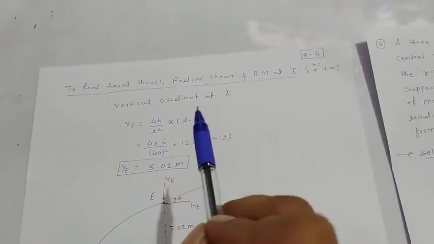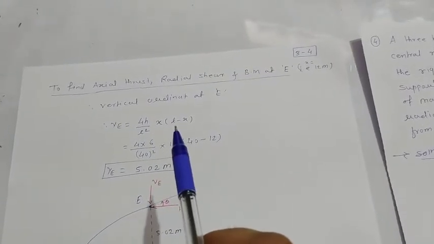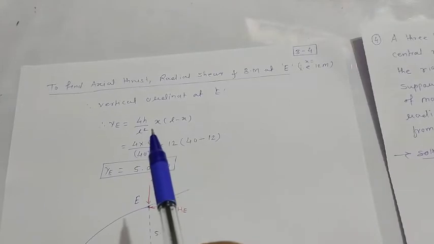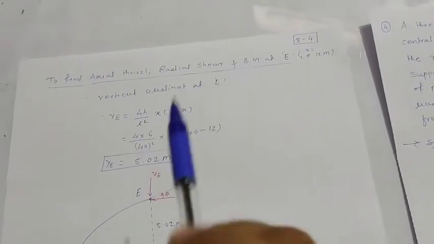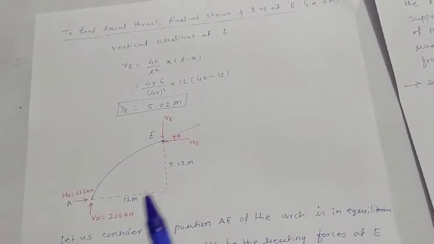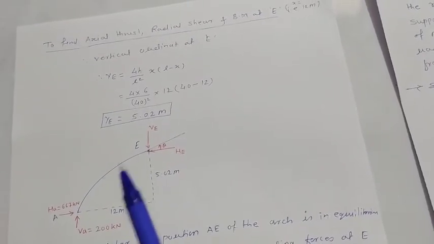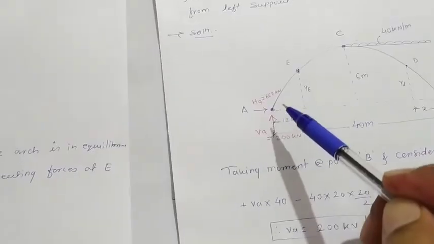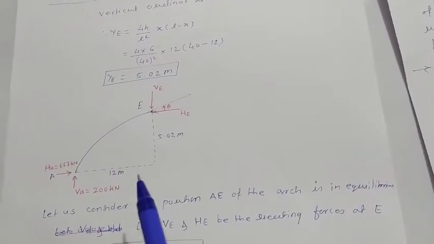So we have the vertical ordinate at E, same equation 4h upon L square into x into L minus x. If you put the value of h, L and x, you will get the vertical ordinate at point E, that is 5.02 meter. Just draw a section A to E. Vertical ordinate is 5.02 and horizontal distance is 12 meter.